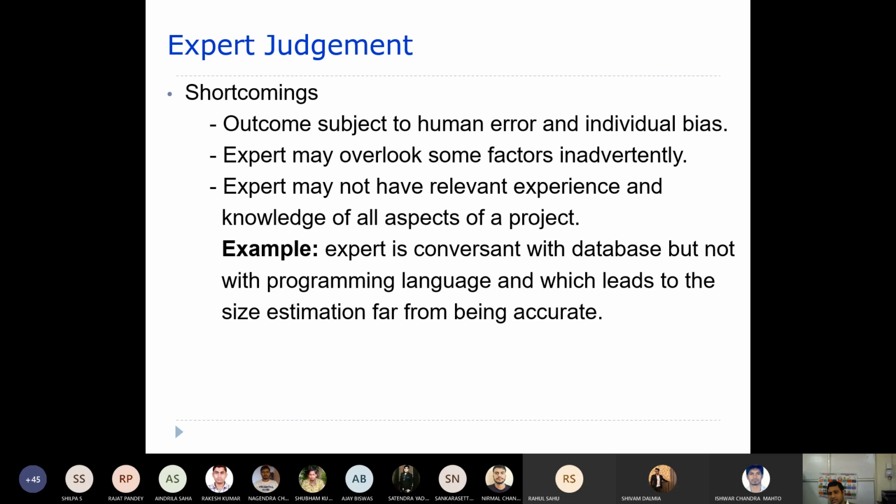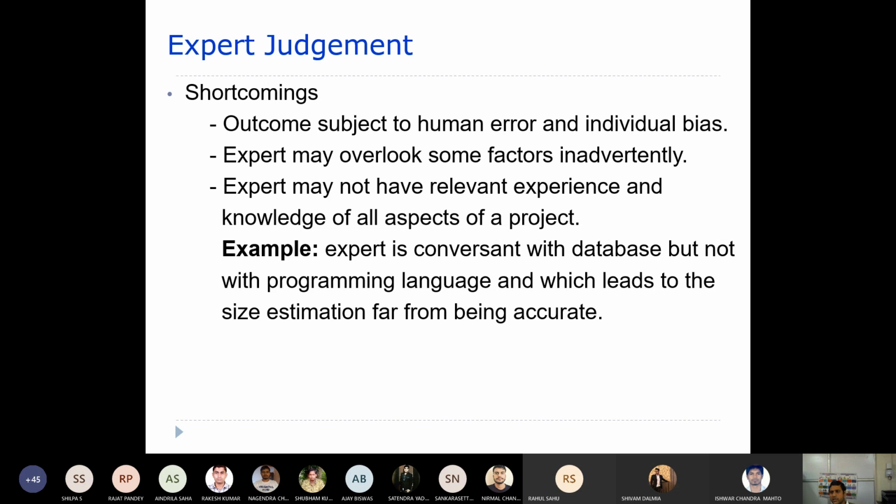He has not considered that. So at the end, as a whole, we will see different size estimations. We are not going to get an accurate estimation. So these are the shortcomings of expert judgment.